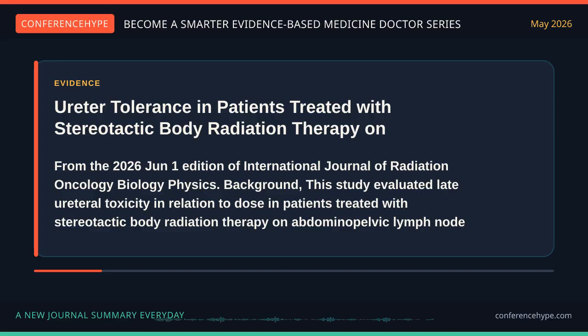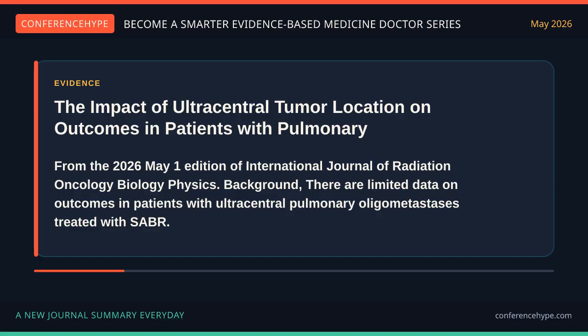Results: the study included 144 patients, of whom 121 had a total of 137 ureters that were treated with 10 GI. Discussion: the incidence of G3 ureteral toxicity after SBRT on AP-LN oligometastases is low. From the 2026 May 1 edition of International Journal of Radiation Oncology Biology Physics.